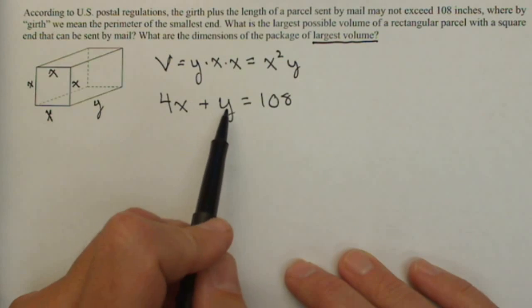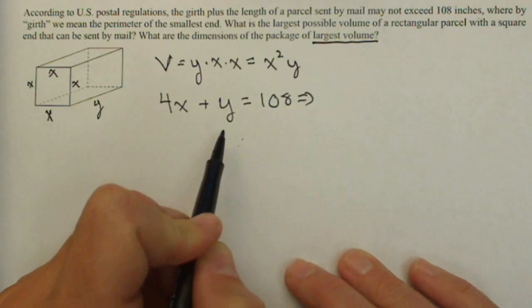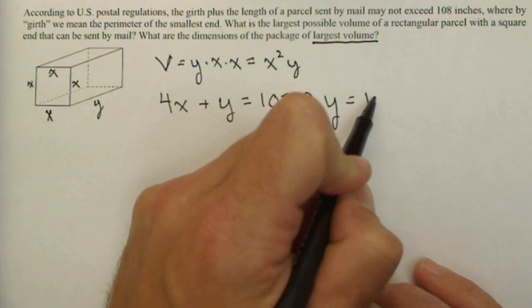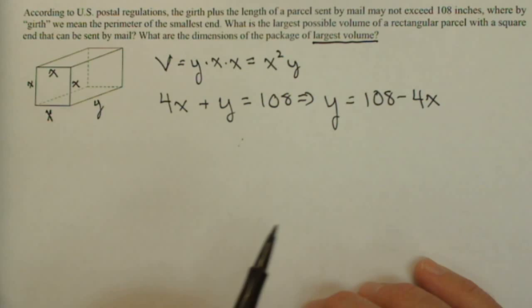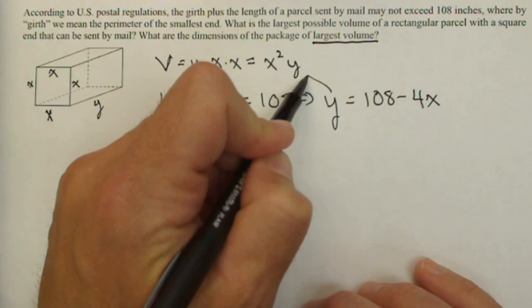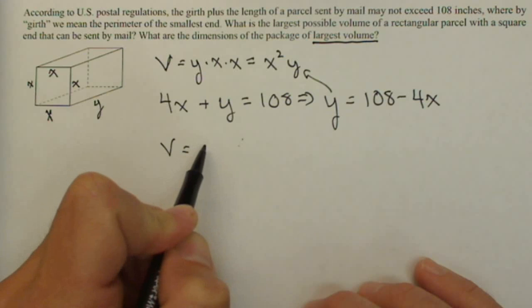Now what we're going to do is use our constraint to get our volume in terms of one variable. So I'm going to solve my constraint for y. You could solve it for x just as easily. y equals 108 minus 4x. And now we're going to use that, because this is the same y as it is here, to get our volume all in terms of x.